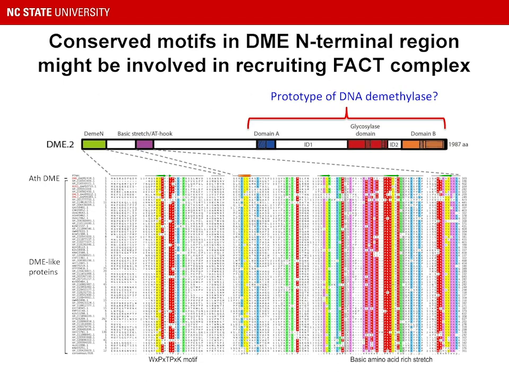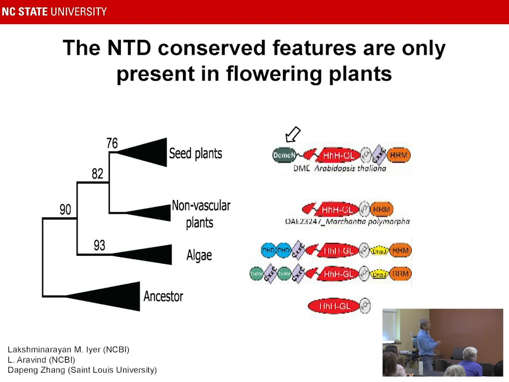So we did an evolutionary study, and we looked at all the land plant lineages. We found that this N-terminal conserved region is only present in the angiosperms. It's not present in the non-vascular plants. So that tells us that, indeed, the C-terminal version of the domain architecture most likely represents a prototype of the demethylase.